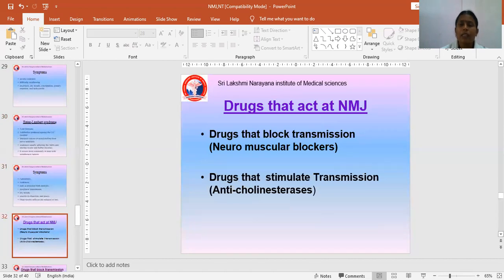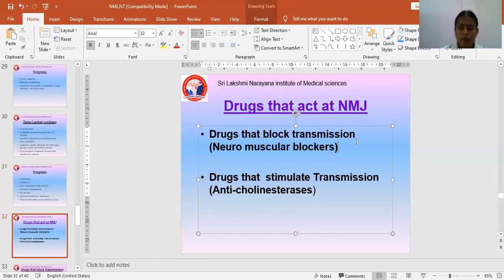The next topic is drugs acting at the neuromuscular junction. There are two types of drugs acting at the neuromuscular junction. One is drugs that block the transmission, and the second is drugs that stimulate the transmission. Drugs that block the transmission are called neuromuscular blockers.